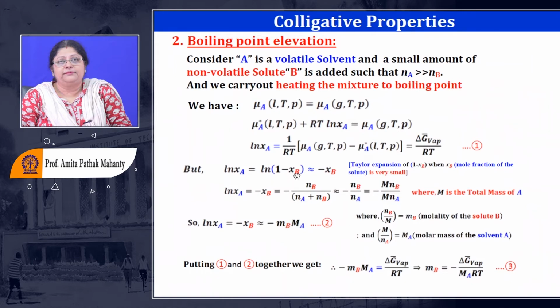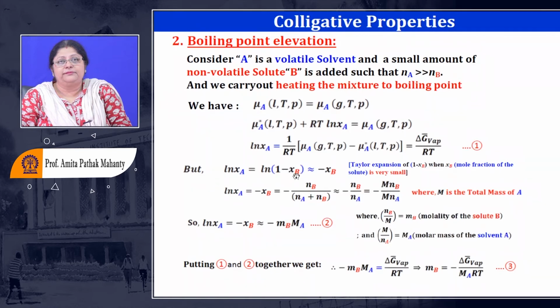And since xb is very, very small, that is the assumption which we have taken, then ln of something very small, if you do a Taylor expansion, what you get is ln xa will be equal to minus xb. That is from the Taylor expansion when this x term is very small.